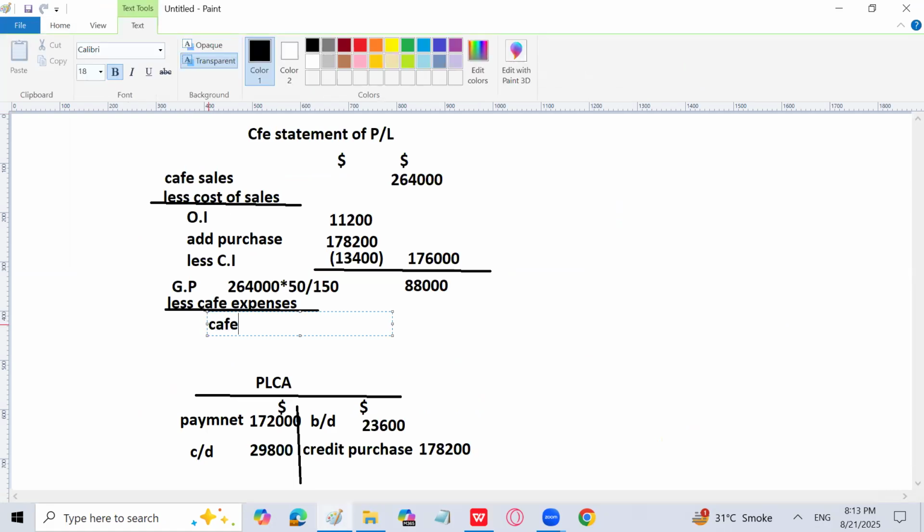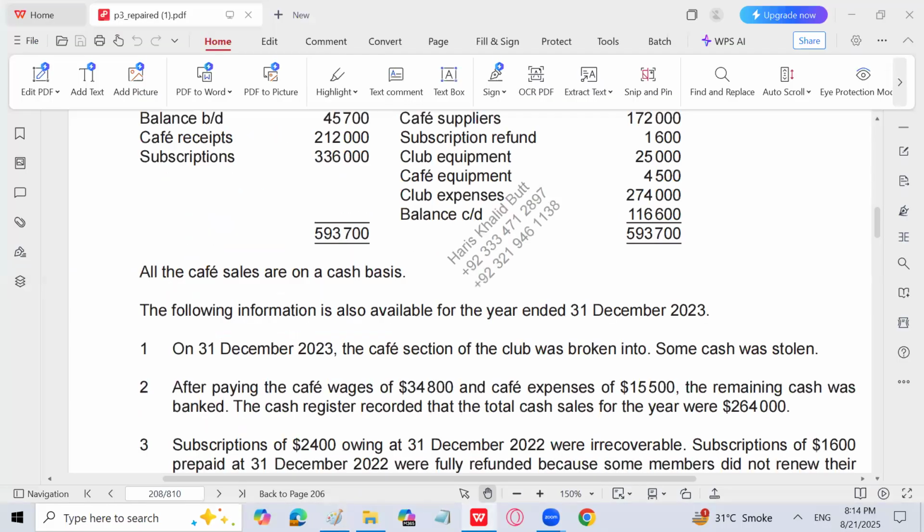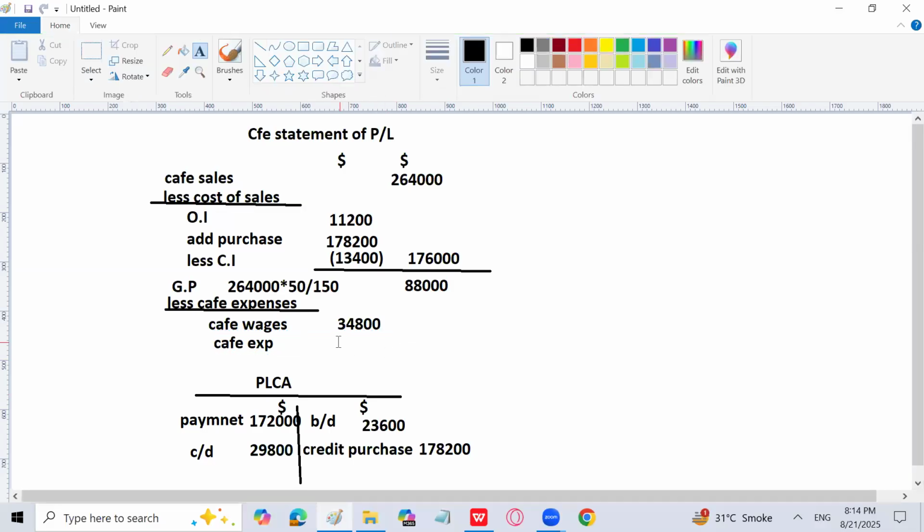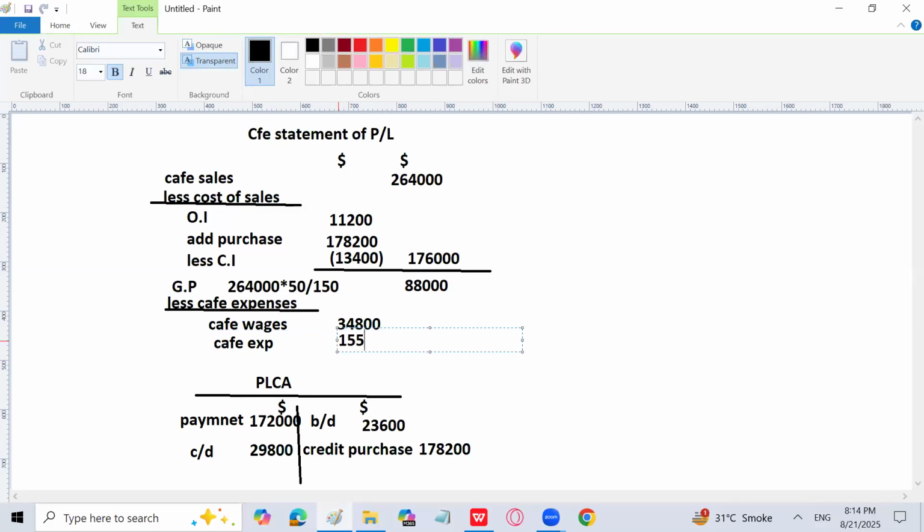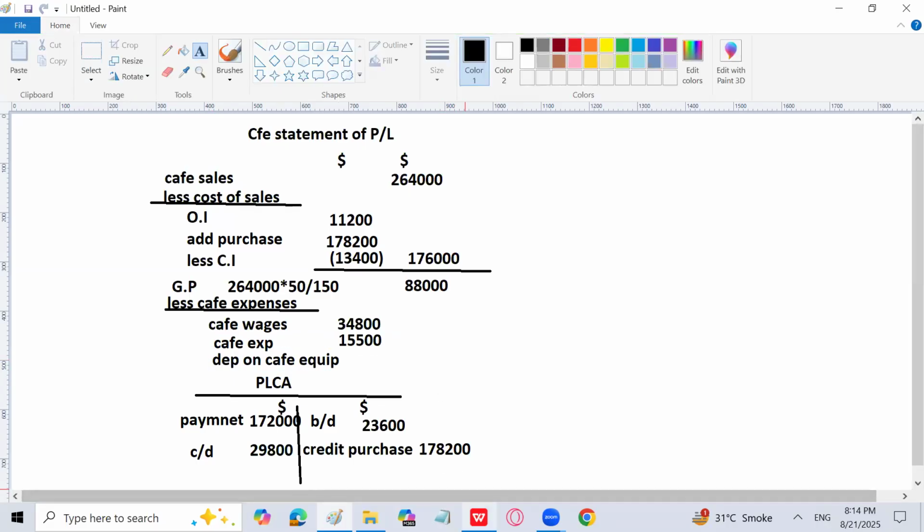Cafe wages is 34,800 and cafe expenses, I will write also here, that is going to be 15,500. Then there is going to be depreciation on cafe equipment. I will write here also. Let me see.